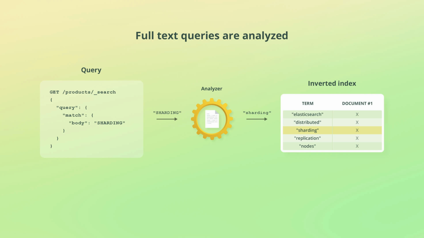So, the query is analyzed with the field mapping's analyzer. The resulting term is then used for a lookup within the inverted index. If there is a match, the documents containing the term are the ones that match the query. These are then returned as part of the query results.